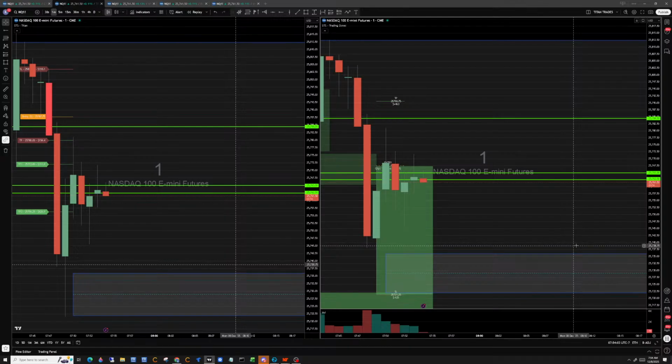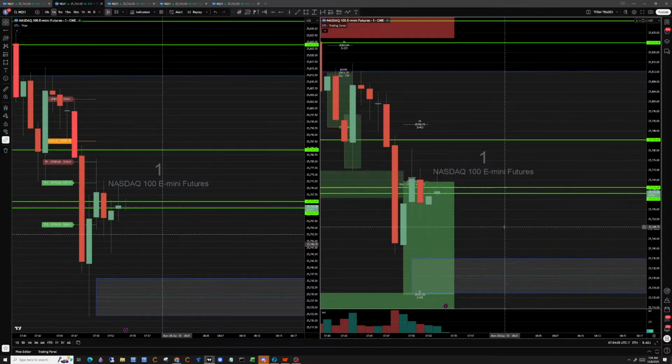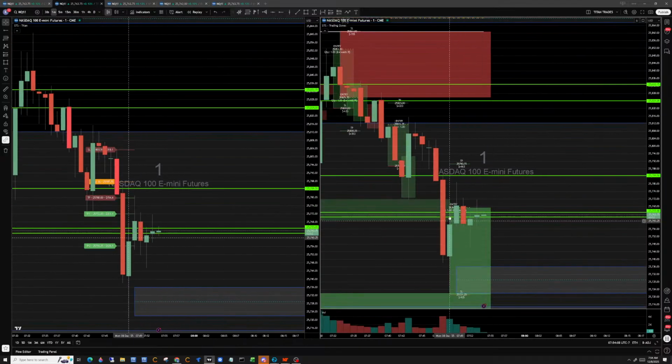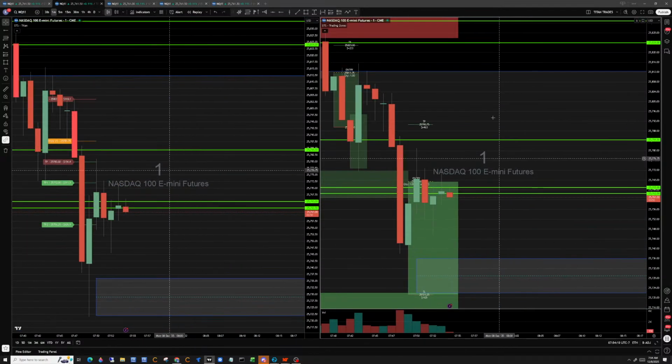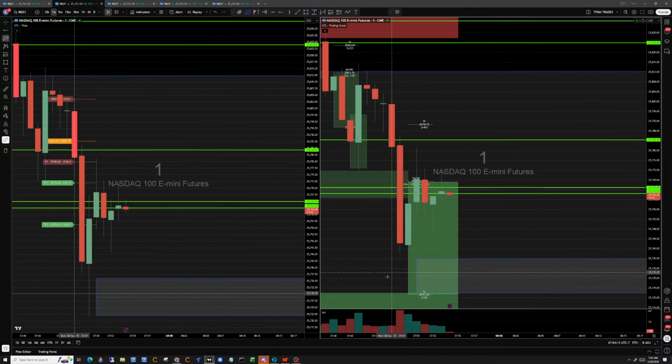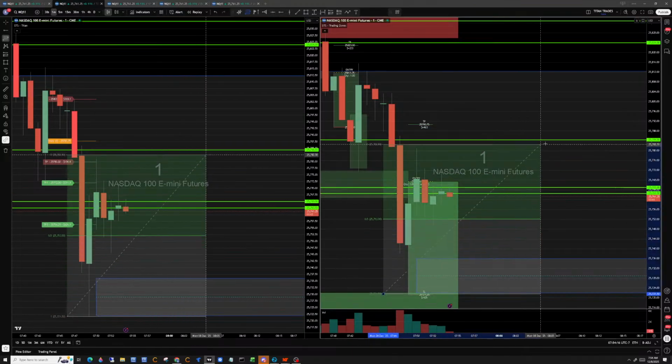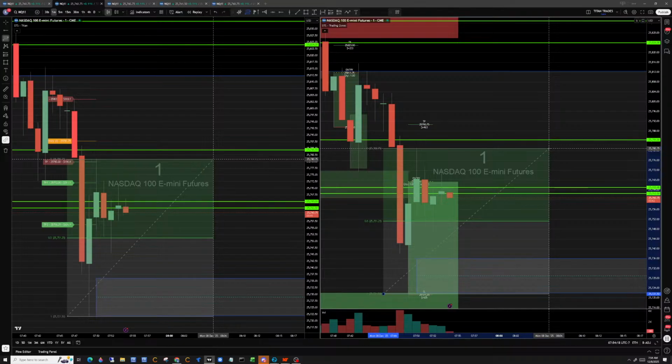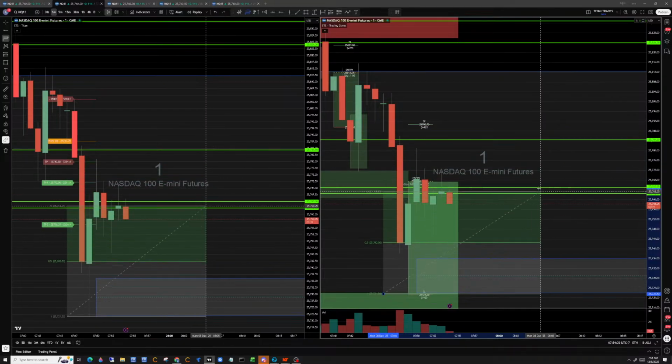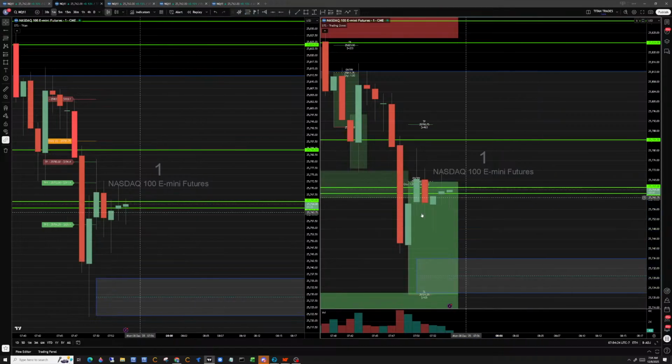I want to buy out of this box. Let's see. Just sold right through, a little dip right back down into this area here. Let's see what it do. Yeah, it looks like it's stopping again. About to turn over.